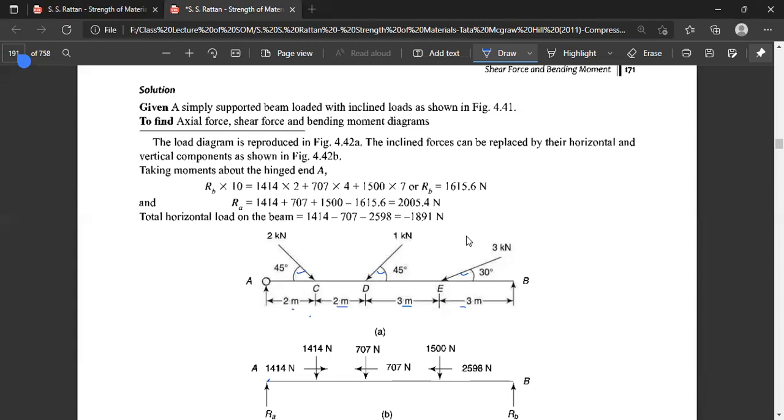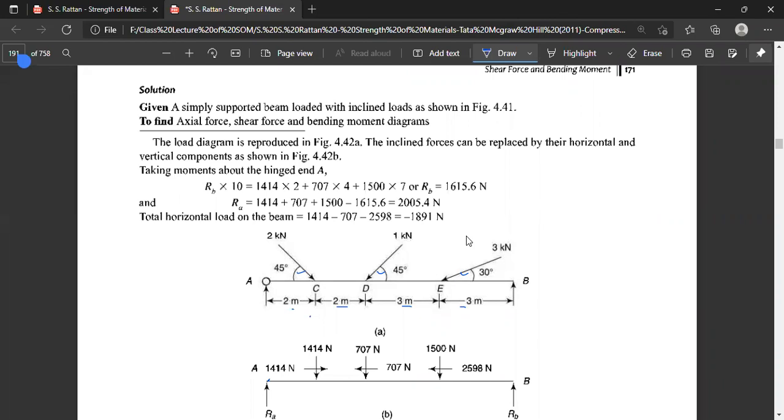And RA: we take the vertical forces only. RA will be upwards and RB will be upwards, so RA plus RB will be positive and the others negative, that is 1414, 707 and 1500 with negative sign.